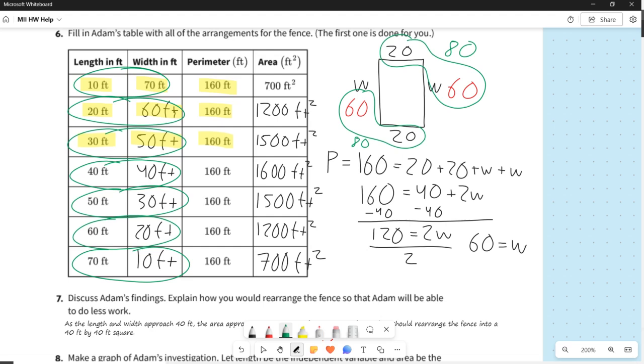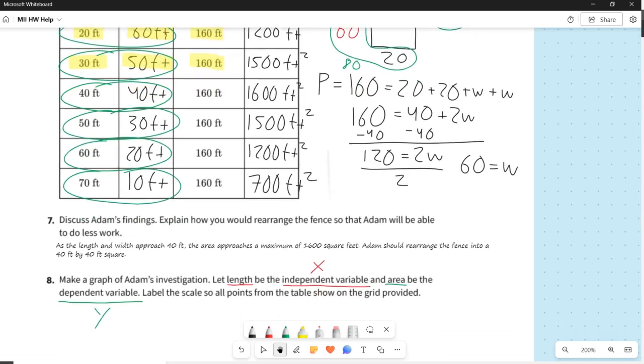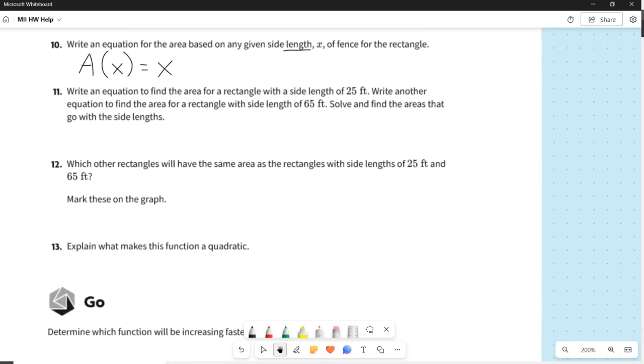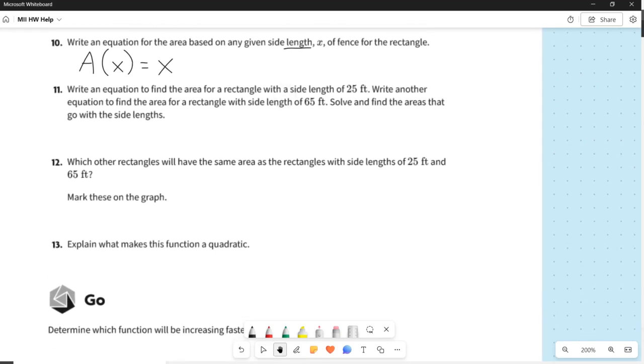So if the length and the width always sum to 80, and if our length in this case is given by x, then our width is going to be 80 minus x.